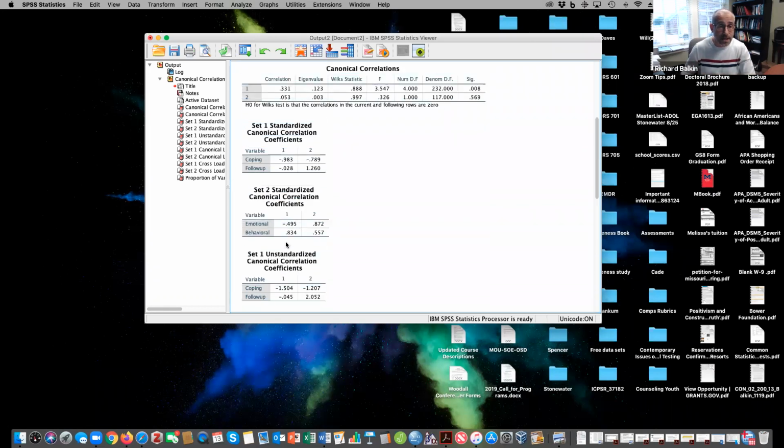We can see here from the standardized canonical correlation coefficients the degree of change. These are interpreted like standardized beta weights. Coping is changing by almost a full standard deviation unit. Emotional symptoms are decreasing by almost half a standard deviation unit, and behavioral symptoms are increasing by 8/10 of a standard deviation unit. Follow-up isn't changing at all. Follow-up in this case is probably more of a function of coping, so even though it loads, it's not changing a lot.